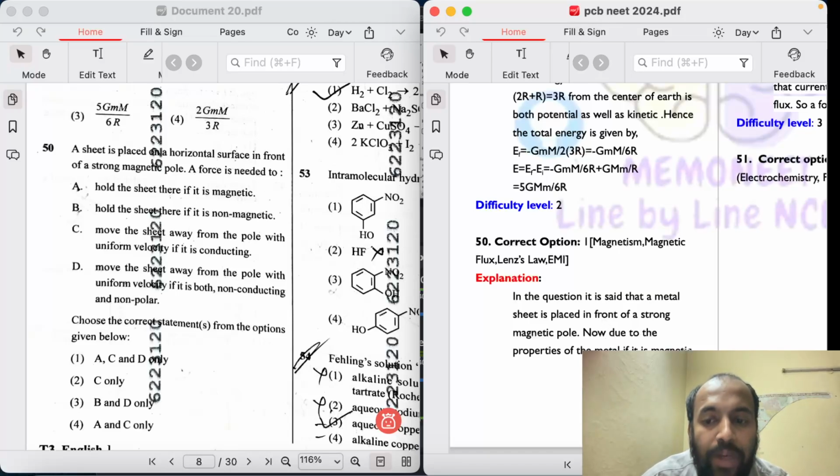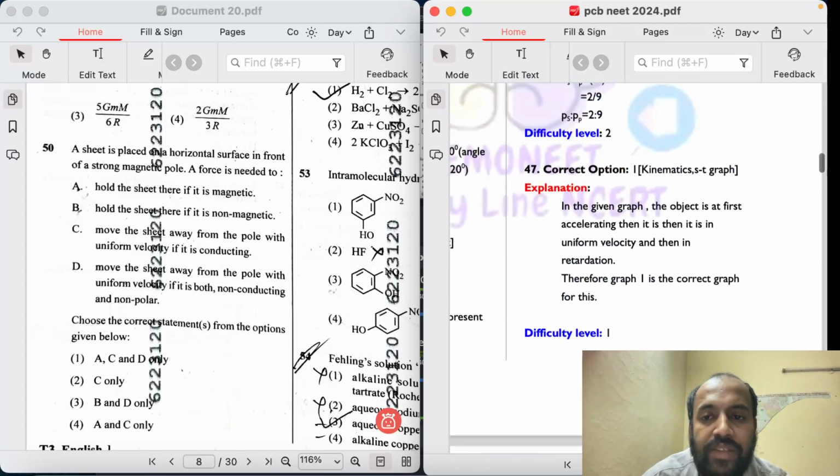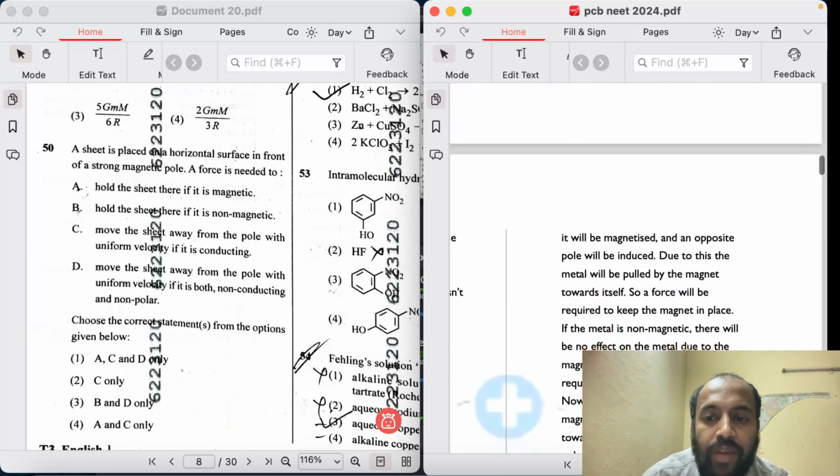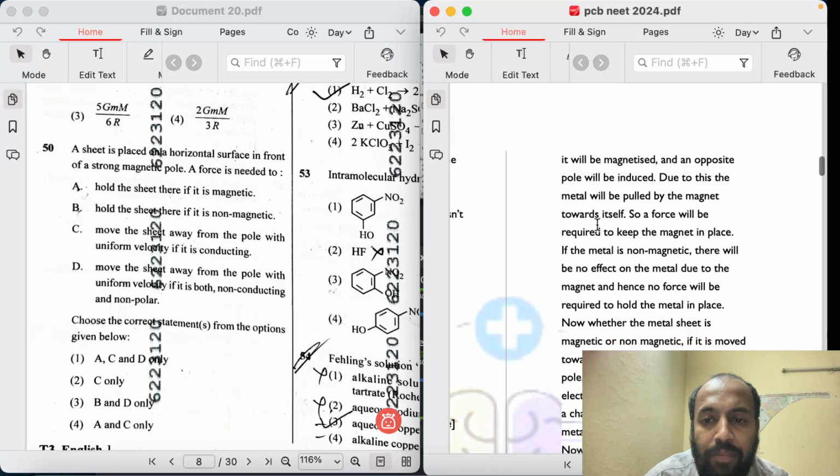Now due to the properties of a metal, if it is magnetic in nature, a pole will be induced. So we are talking about induction here. Due to this, the metal will be pulled by the magnet towards itself, so a force will be required to keep the magnet in place. That's very important. That's why the first option is correct.